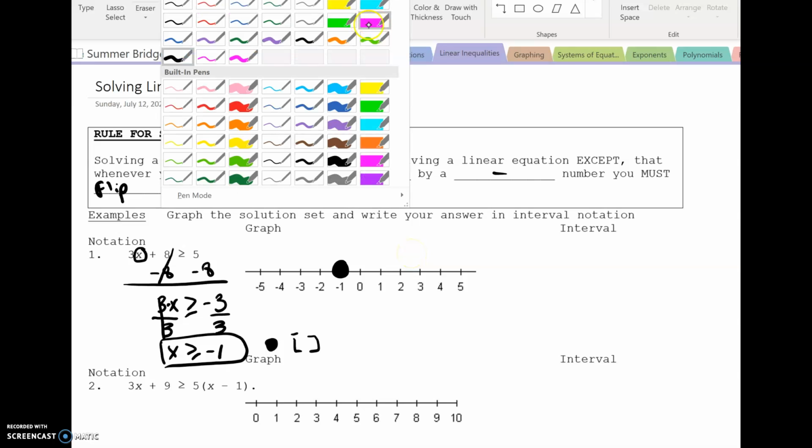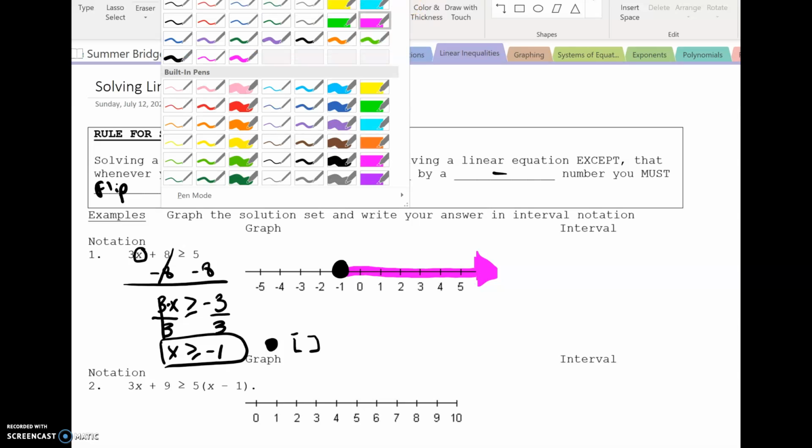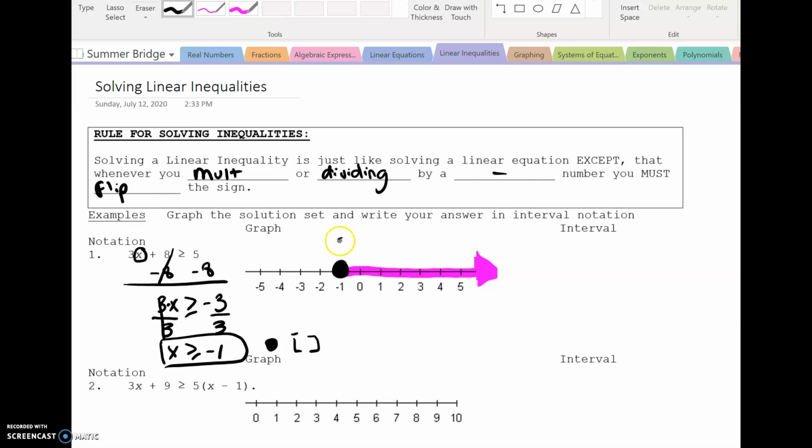So I'm going to change to a highlighter, and I'm going to really think about this. So x is the larger number, which means to say -1 has to be the smaller number. So I'm going to shade everything that's bigger than -1, which means if you are using brackets, that's what it should look like.